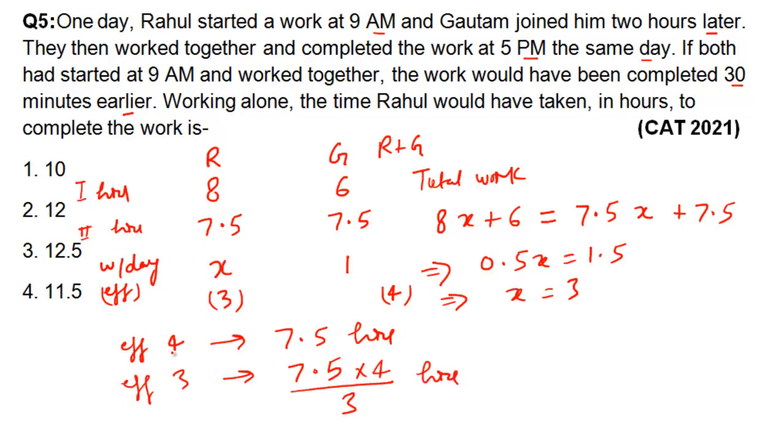Because efficiency 4 takes 7.5 hours, the person having efficiency 1 will take 7.5 into 4. 1/4 of the efficiency means 4 times the time, right? And then for efficiency 3 we divide this by 3, so this gives me 10 hours. So Rahul will take 10 hours to complete this job, and option 1 is correct.